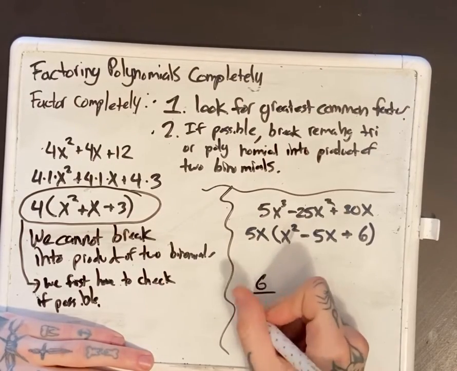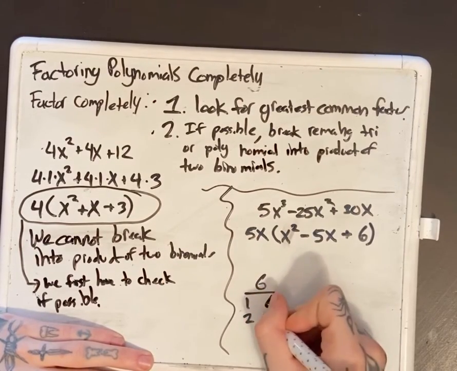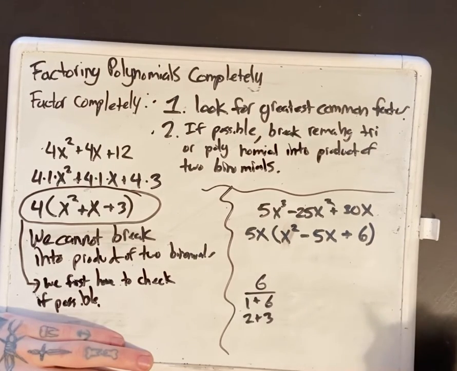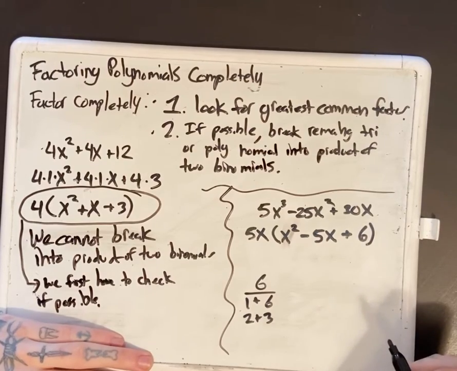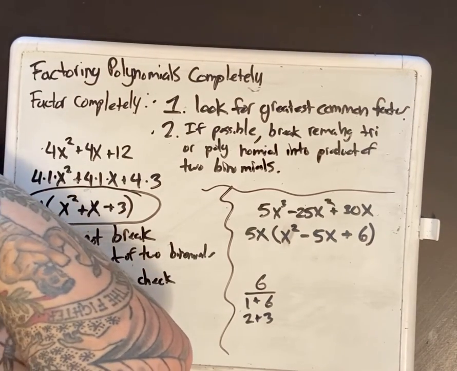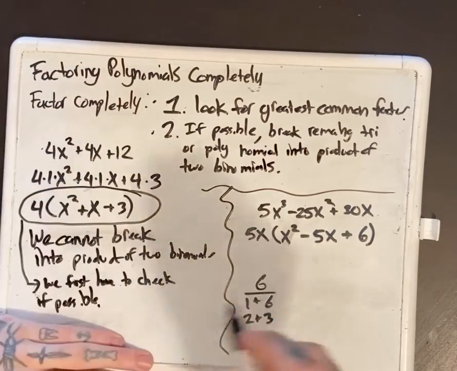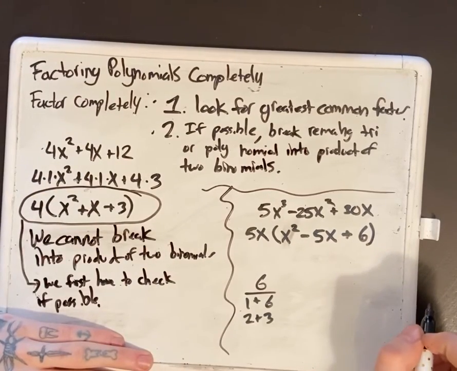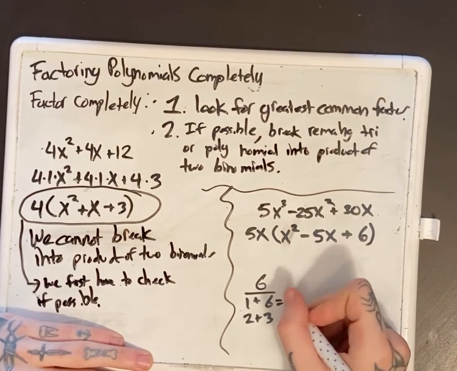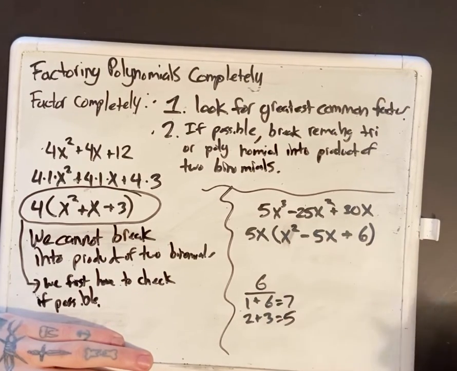Let's factor 6, 1 and 6, 2 and 3. So this is going to give us 7, and this gives us 5, right?